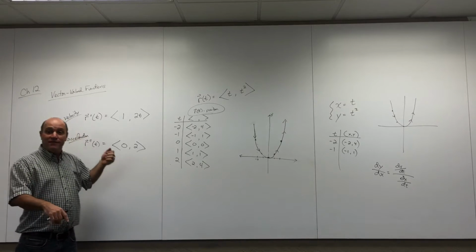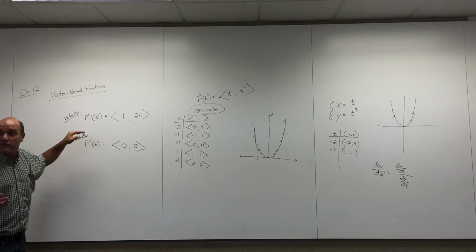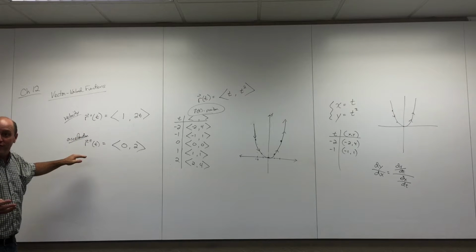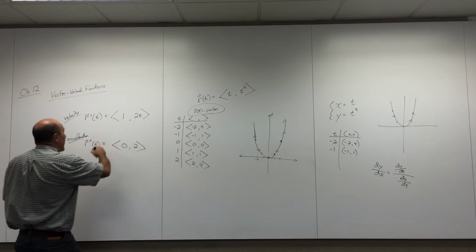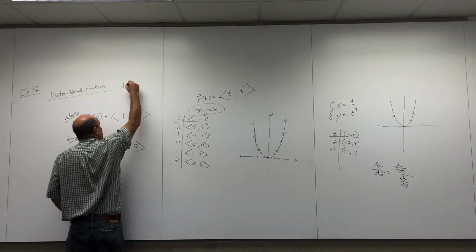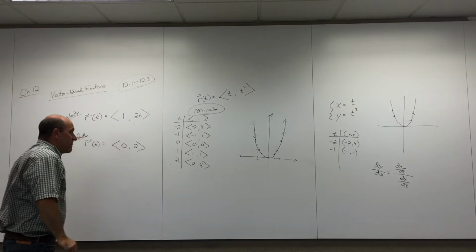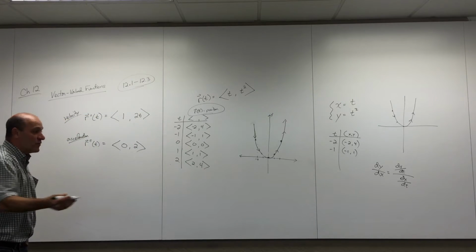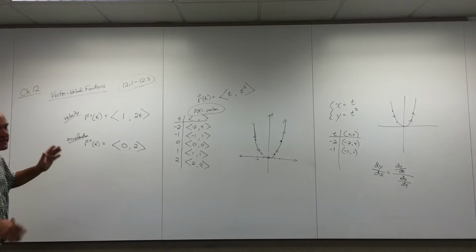If it's position, the first derivative is velocity, and the second derivative is acceleration. I'm sort of talking 12.1 through 12.3 here, or I just did in a quick 15 minutes. But it's good because that's the point.